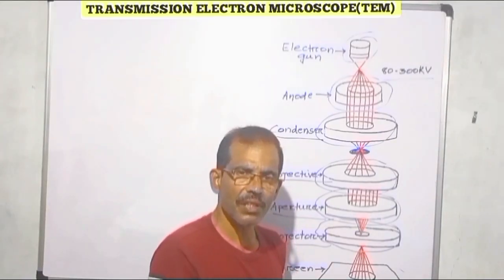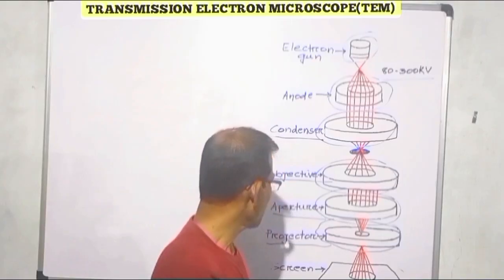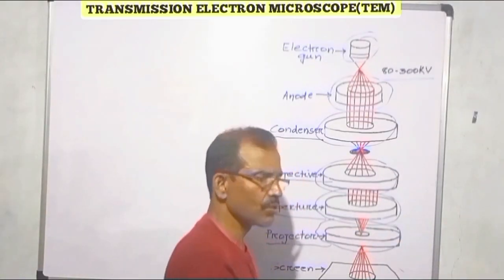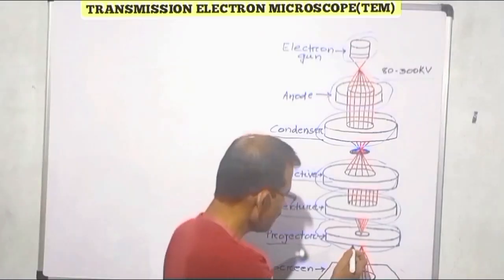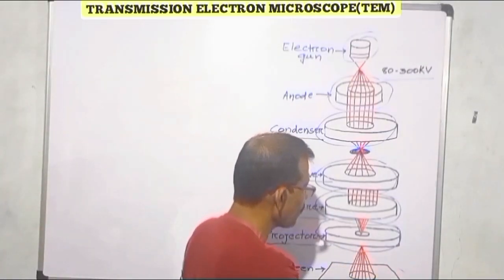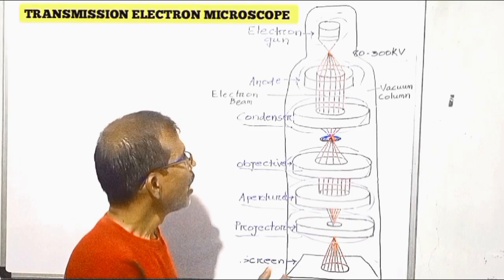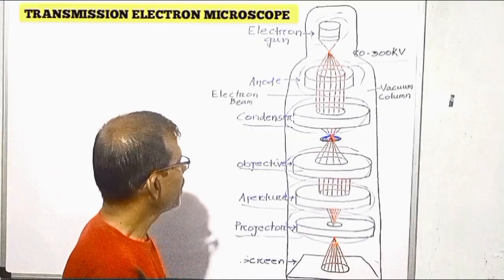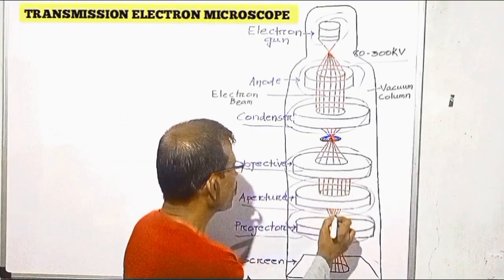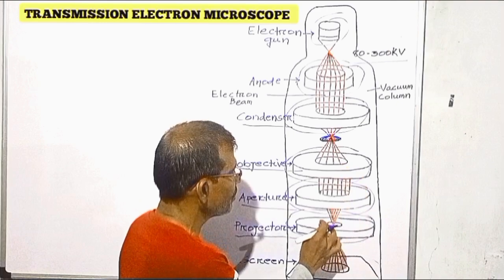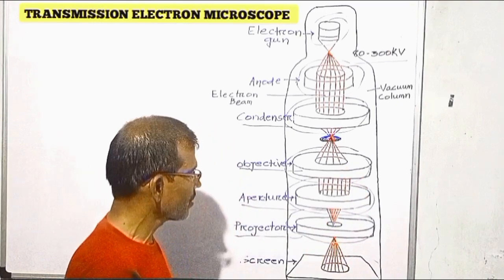This image is further magnified by the projector lens to form the final image, which is then focused onto a fluorescent screen. Out of the different components, one is the aperture, which is located between the objective and the projector lens.